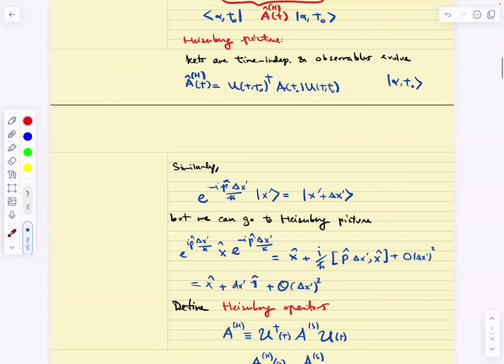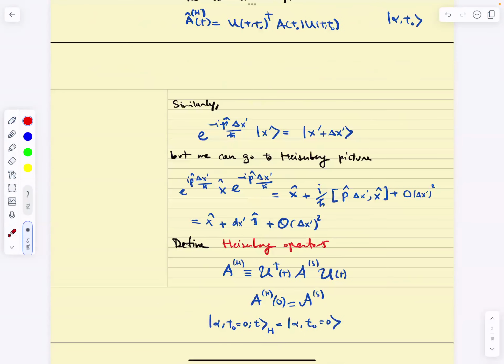Similarly, this story that we just told was motivated by time evolution, time translations. However, we could have done this when we talked about space translations, right? Over there, we talked about a ket x prime, and we're acting with some spatial translation operator that we showed is e to the minus i p over h bar delta x prime, right?